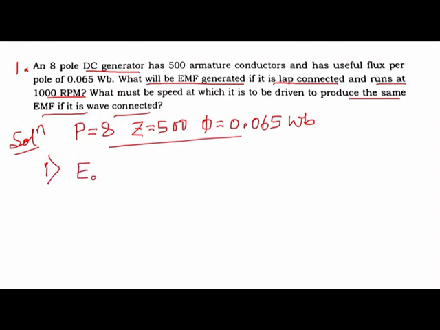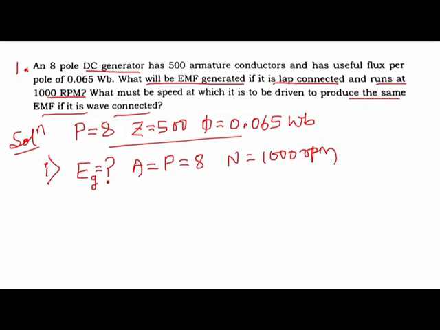What is the EMF generated if the generator is lap connected? We know that for lap connection A is equal to P, which is equal to 8, and the generator runs at 1000 rpm.